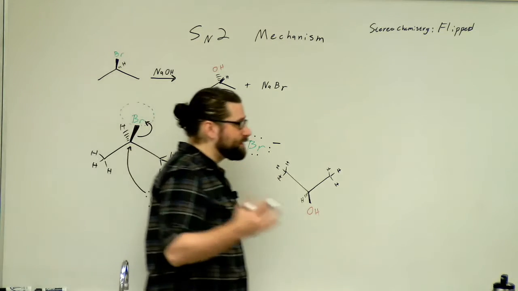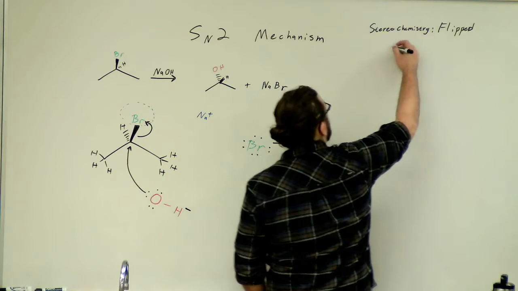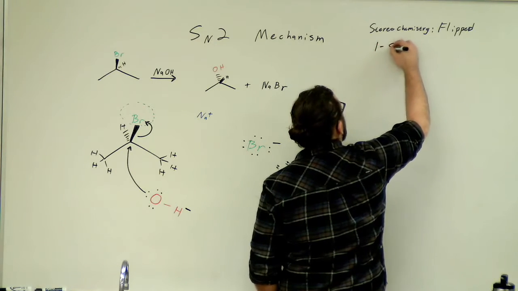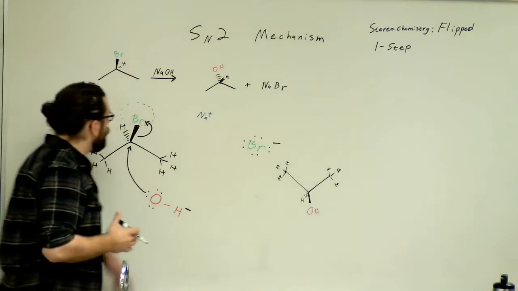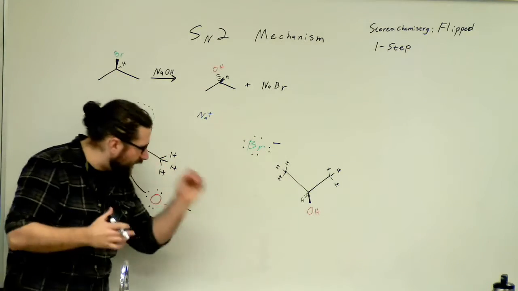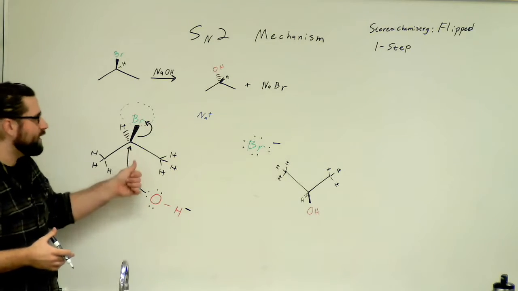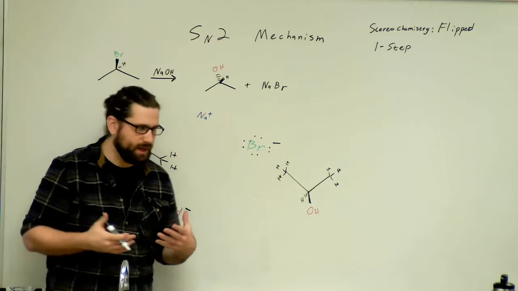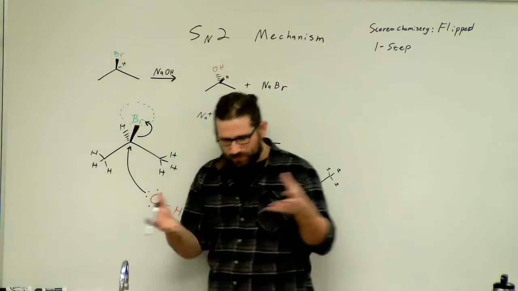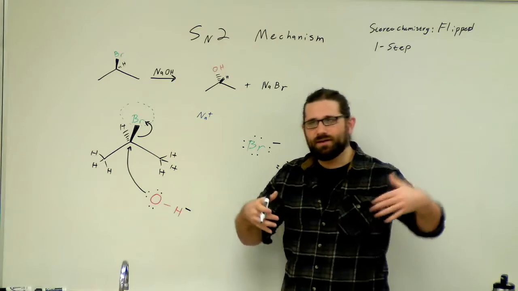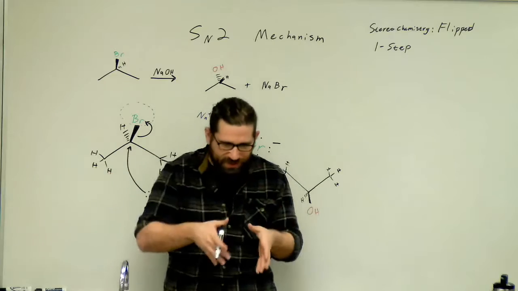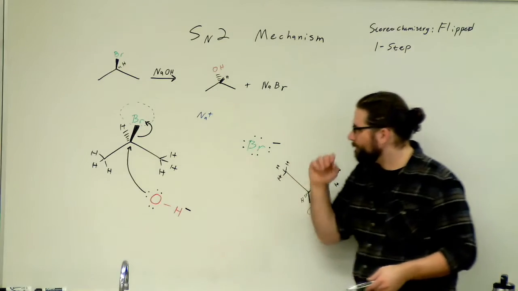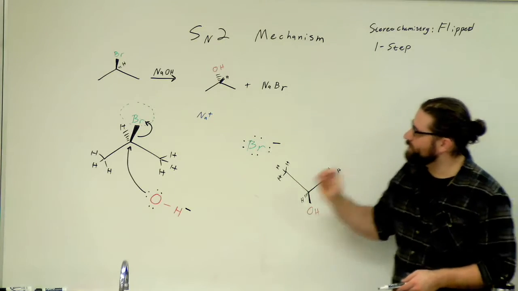The other factor here is that this is all occurring in one step. Okay? This bromo gets kicked off because this hydroxide group is coming in. You can really think of it like, I don't know, cats sitting on a bed. One cat tries to come in and it pushes the other one off so that it can sit in the bed. So this all happens in one step.